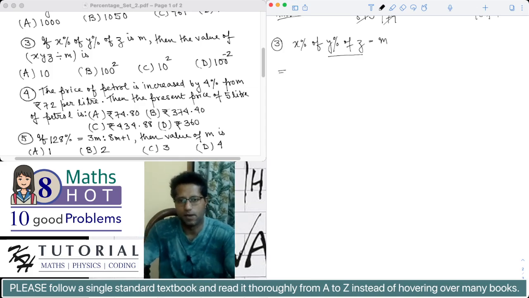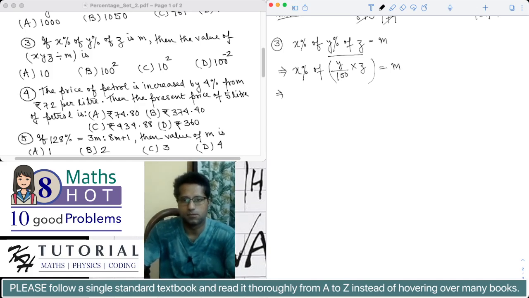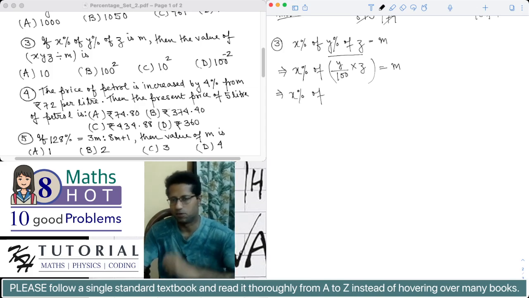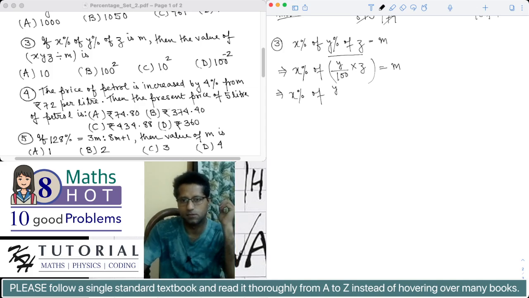So x% of y% of z means, let's put it in a bracket, we are evaluating y% of z. This means y by 100 multiplied by z. Now if you simplify the expression inside the bracket, that becomes yz by 100.